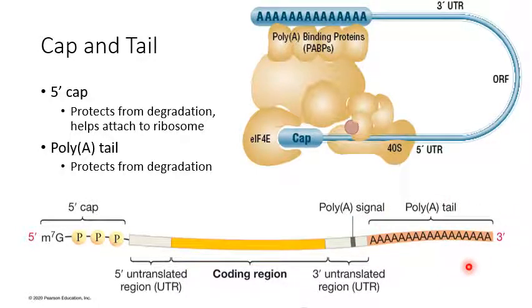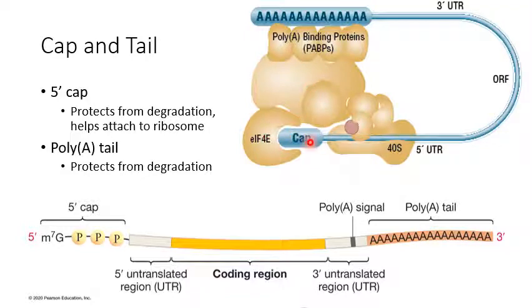The purpose of the 5' cap and the poly A tail is to protect the mRNA from degradation and to help it bind to the ribosome. So here in tan you have a ribosome. As you see, it's very complicated. It has a lot of different proteins that are all part of it.